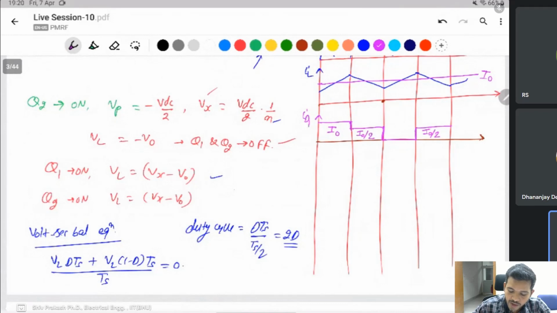Then what will be the ID1 RMS current? If you find the RMS of this current waveform, then you can find the ID1 RMS.